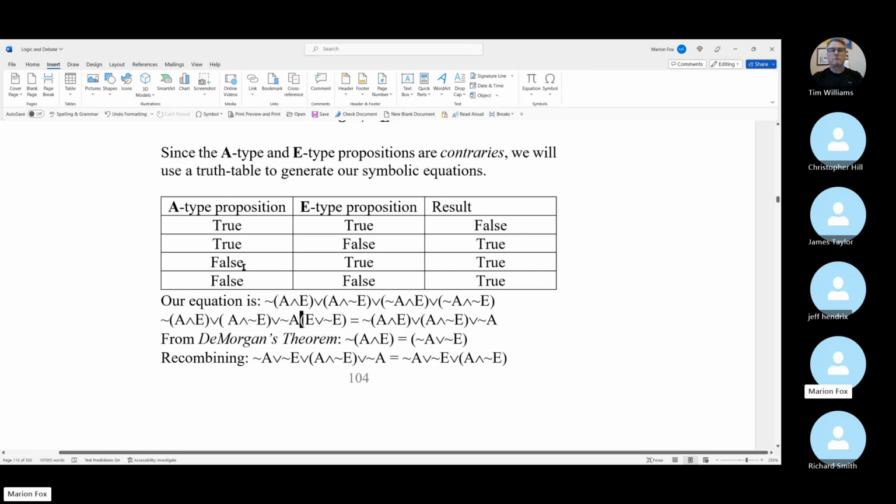And now we get a not A here. This is the same as this, same as this, and then this not A comes in over here. And then we take this, it reduces down, and we get just a not A here.